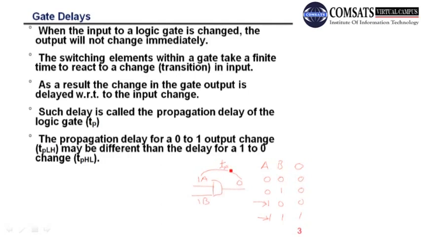If, for example, the output has to go from high to low, I will call it propagation delay high to low. If it has to go from low to high, then I will call it propagation delay from low to high.